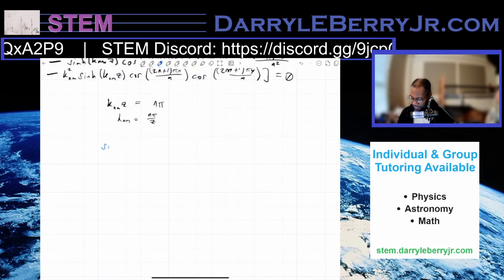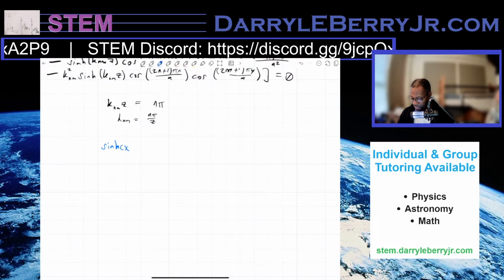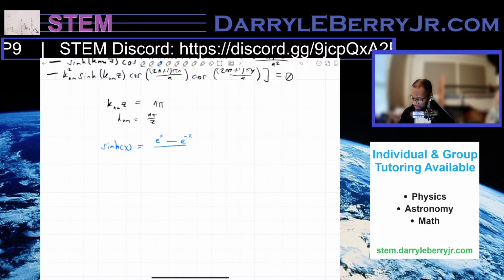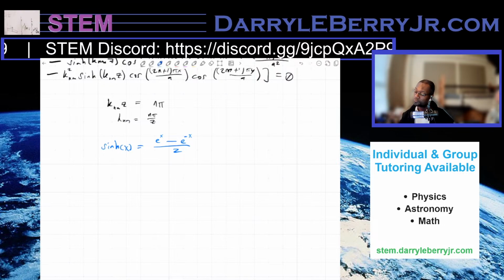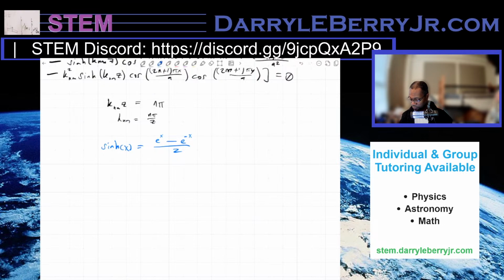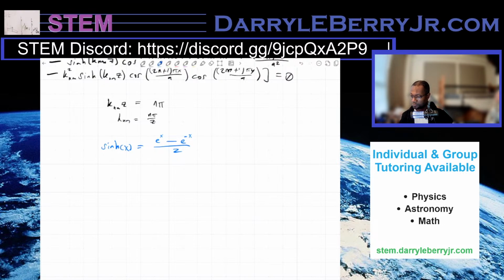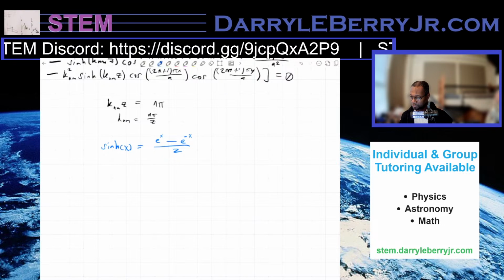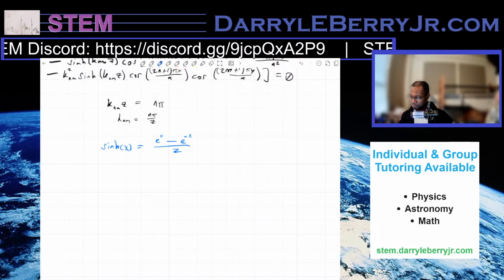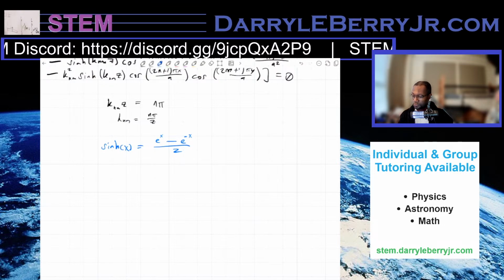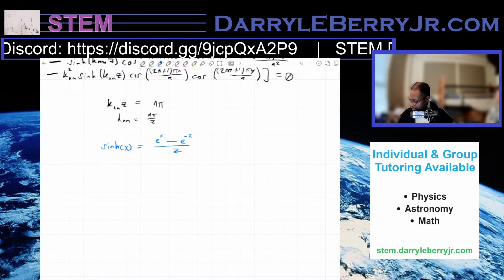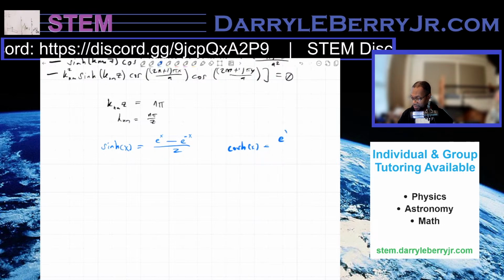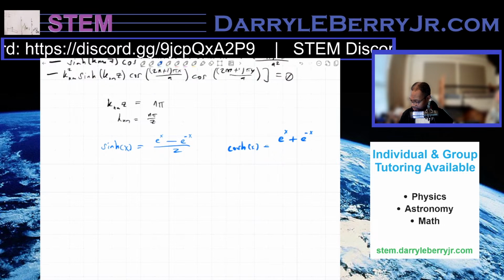So hyperbolic sine of x equals e to the x minus e to the negative x over 2, and hyperbolic cosine of x equals e to the x plus e to the negative x over 2.